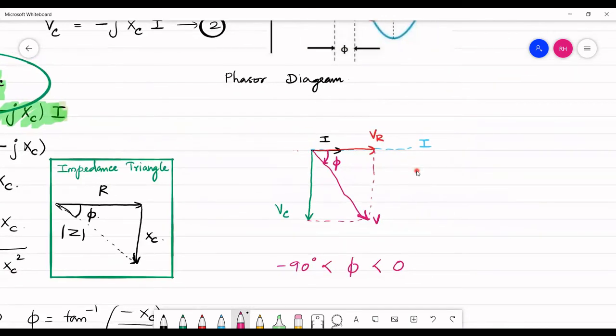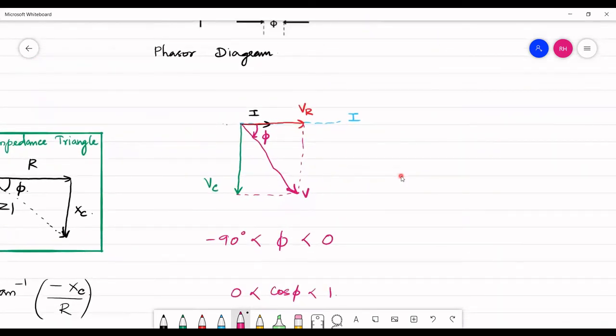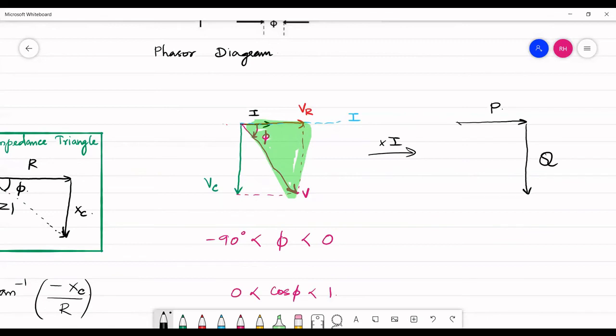Now let's draw the power triangle. So multiply this triangle with the value I. VR into I will give us the real power, and VC into I gives us the reactive power, and V phasor into I phasor gives us the value of apparent power, and hence S is written as P plus jQ, and we call this the power triangle.